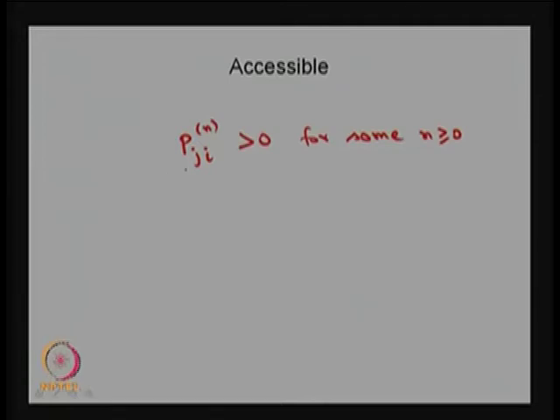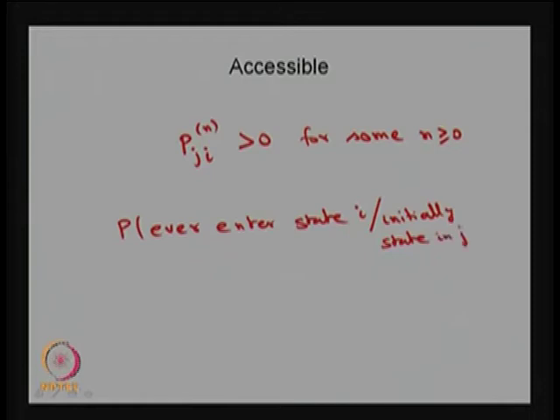Using this, we can write down the probability of ever entering state i, given that initially the system is in the state j. You can find out what is the probability of the system ever entering the state i, given that initially it was in the state j.